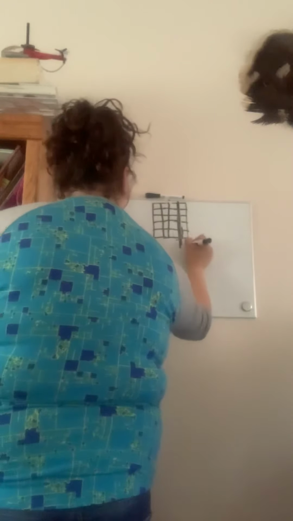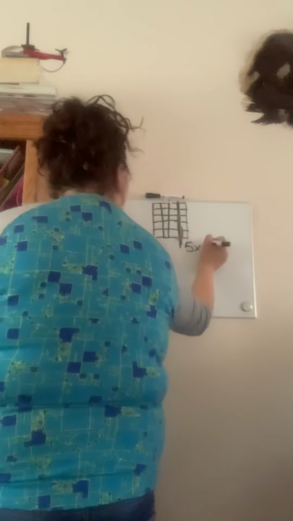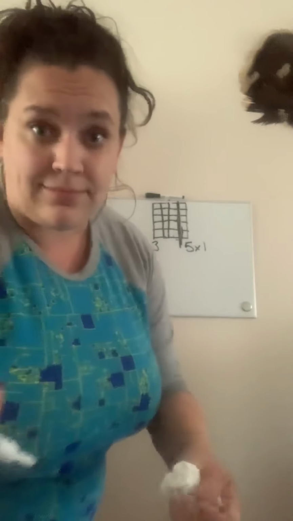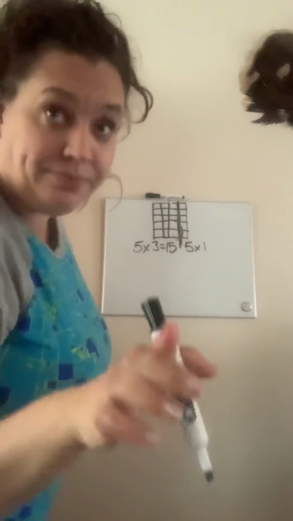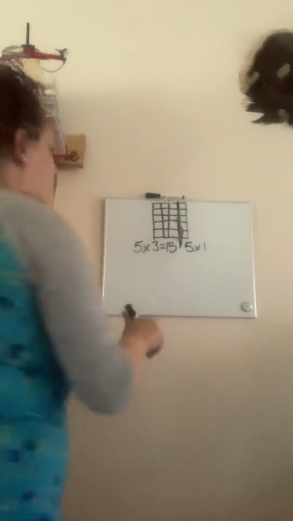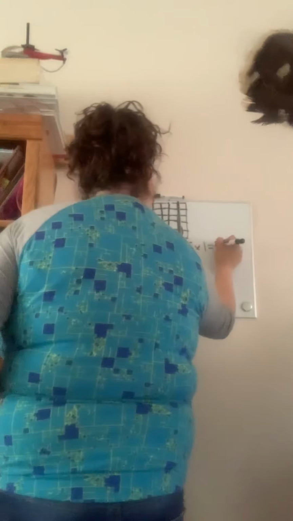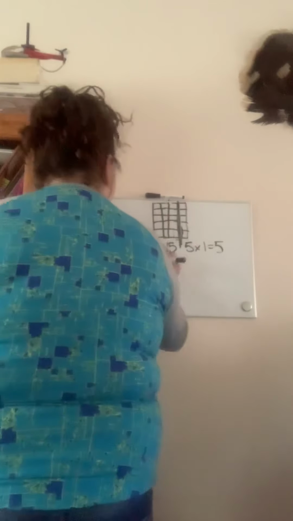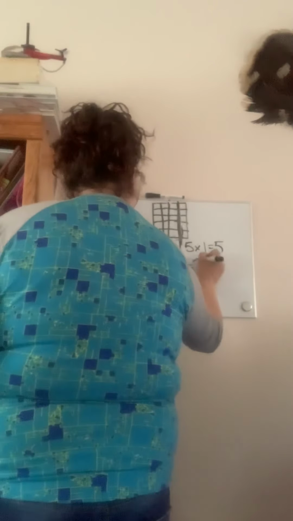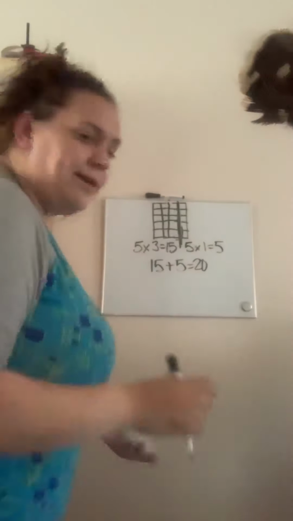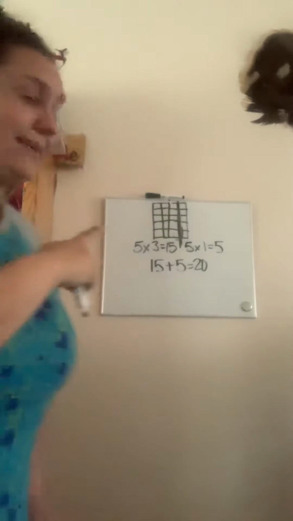I have 5 rows with 1 in that row. 5 times 3, 15. 5 times 1 equals 5. And then I take this 15 plus 5 equals 20. That's another way that I can find it.